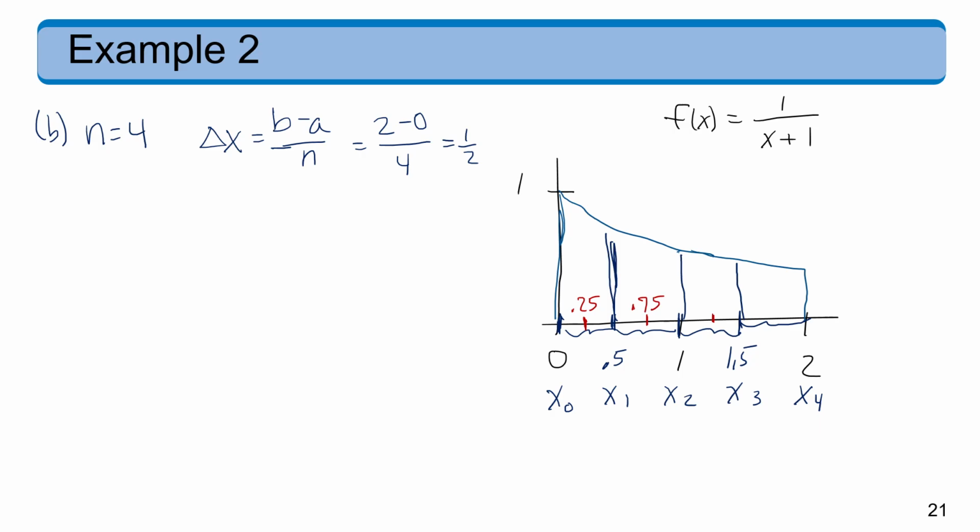The next one would be 1.25. And then finally 1.75. And then to sketch the rectangles, from each of those midpoints, we move up vertically till it hits the curve. That's where the top would go. Okay, do the same thing with the next one. All the way down.